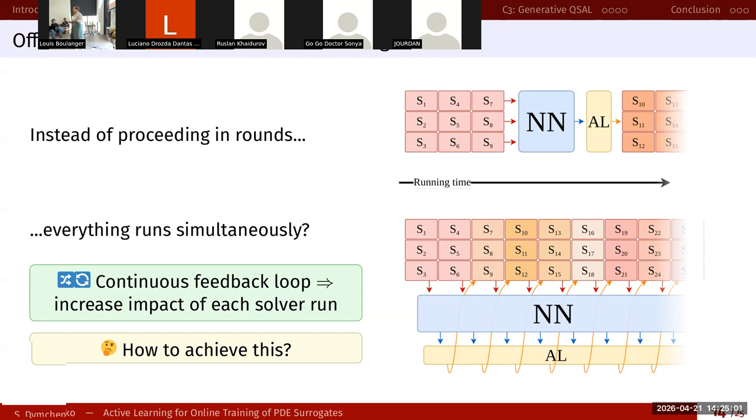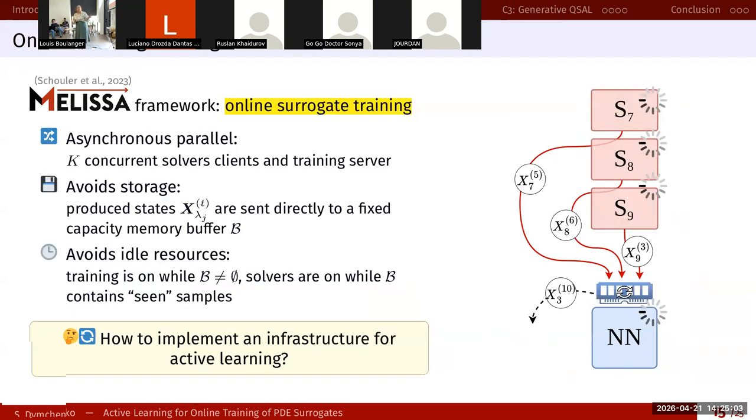So how to achieve this system? Well, luckily, we have the Melissa framework, which already solves part of the system, specifically the online training of the surrogate itself. This framework is built as an architecture of clients and servers.